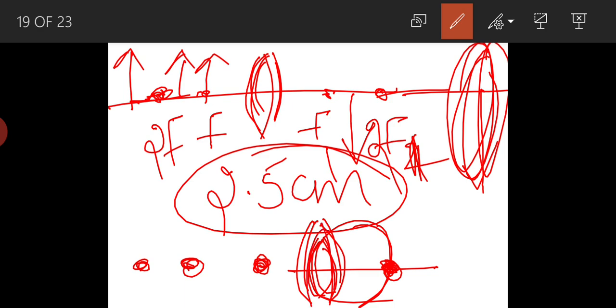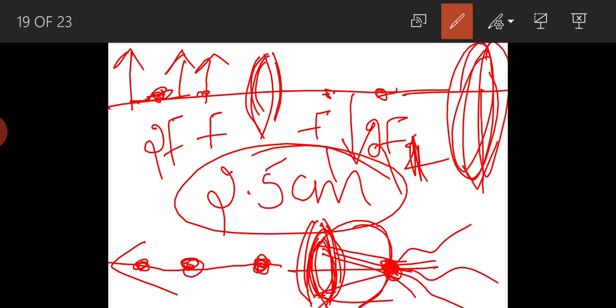Whereas in case of the eye lens, whenever the object distance changes, the eye lens will automatically change its focal length, and it will see that the image always forms on the retina only. So whenever it forms on the retina only, this signal will be transmitted to the brain, and the brain will process the information and it will detect the object.